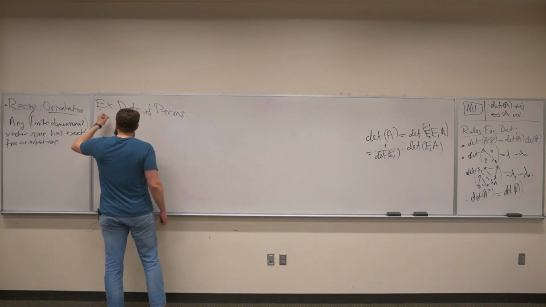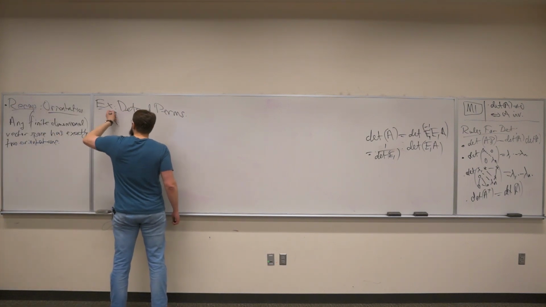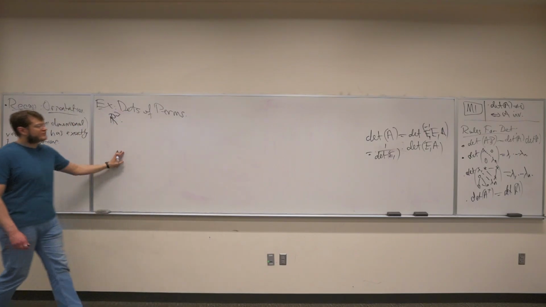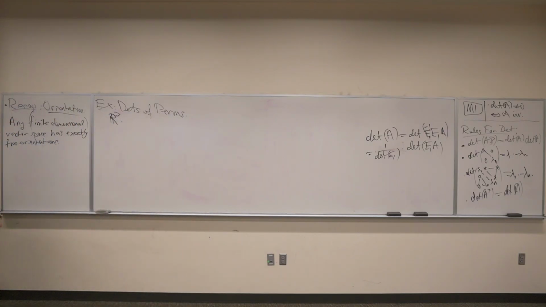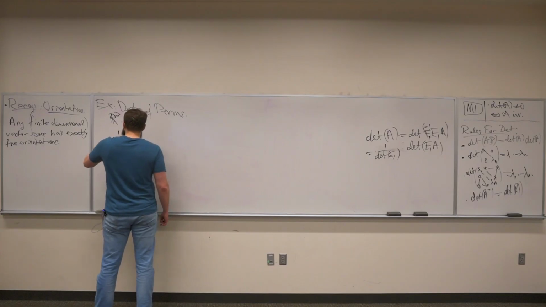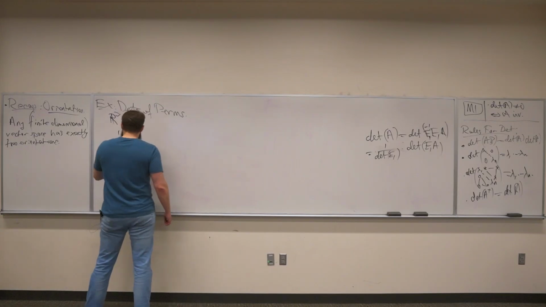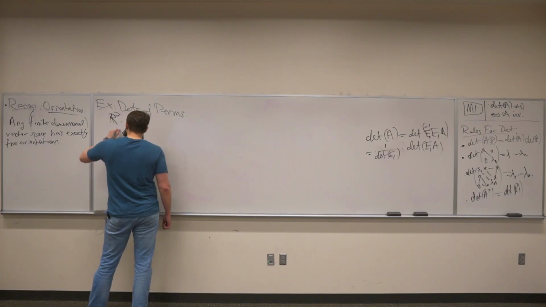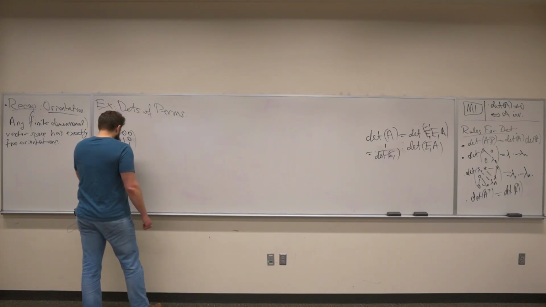So in the case of R3, we have exactly 3 factorial, that is 6 permutation matrices. Again, I'll write these down. Identity. And this.